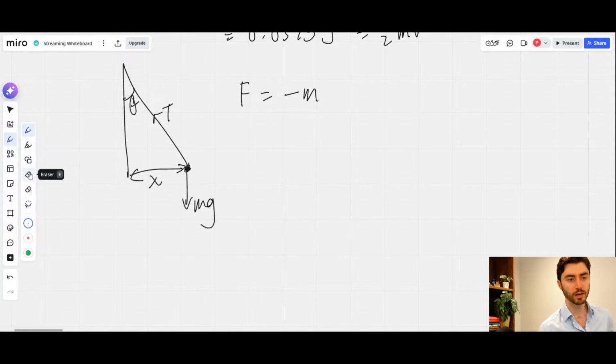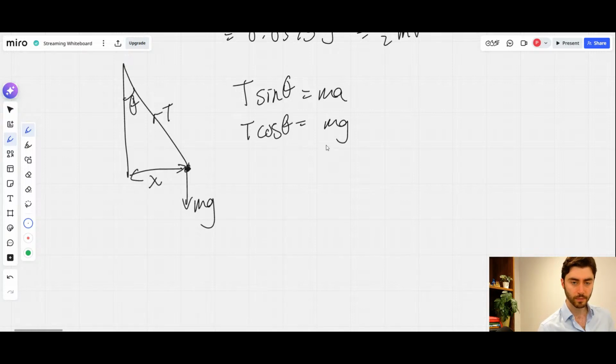No, I'm tongue-tying myself. I think I was right the first time. Look, let's just make it simple. So we know that T sine theta is the resultant force, which is equal to ma. And we know that T cos theta is equal to mg.